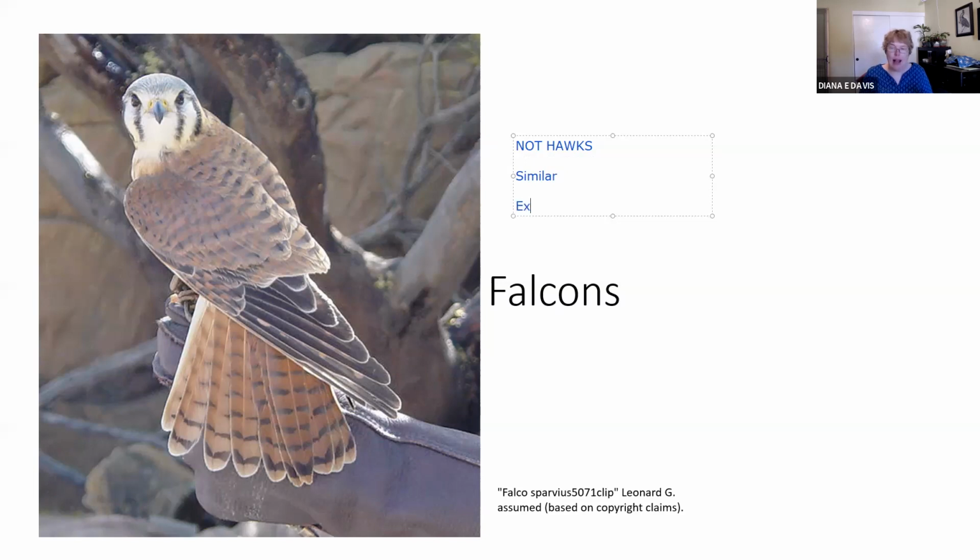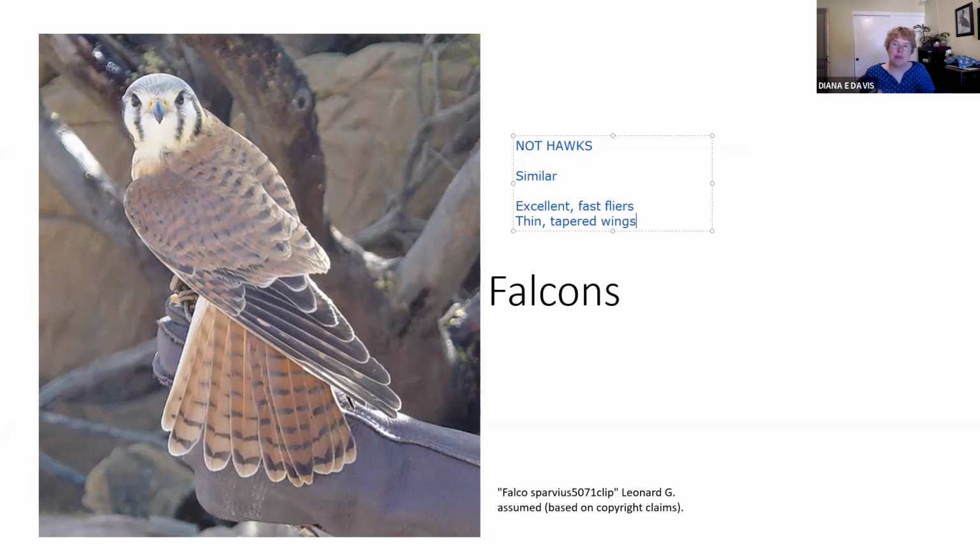They are excellent fast flyers. These guys are amazing flyers. They're characterized by thin, tapered wings. So the wing is kind of a thin triangle coming out from the body.